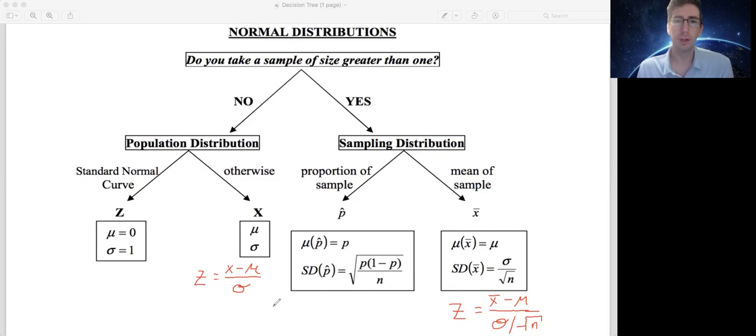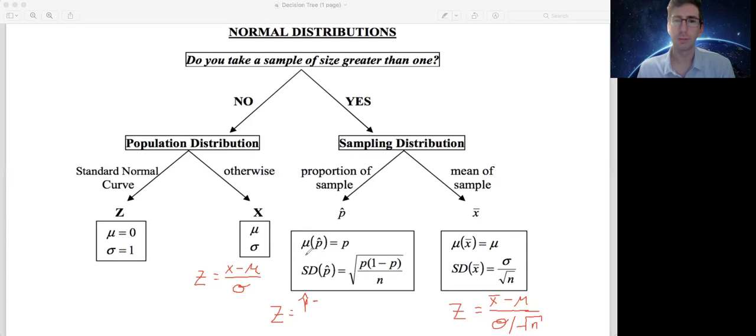So for our z value here, we're going to be asked about one specific sample proportion, right? What's the probability that a sample of 10 people have a proportion of 0.75? So we're asked about that one specific sample proportion.